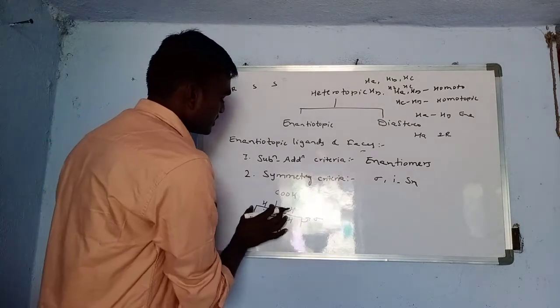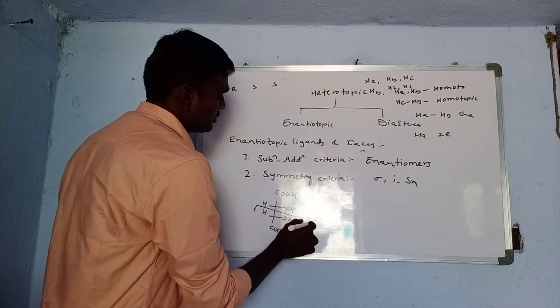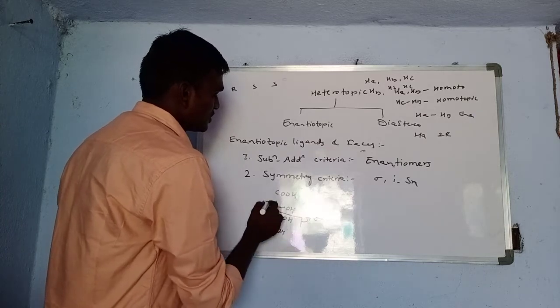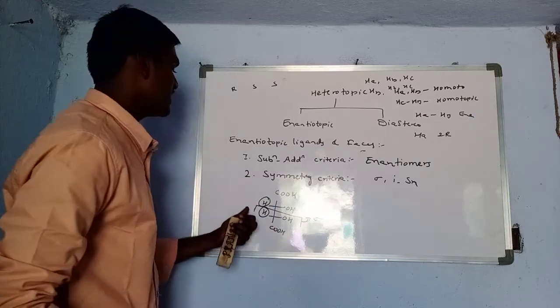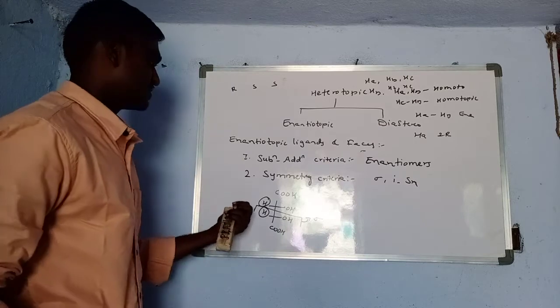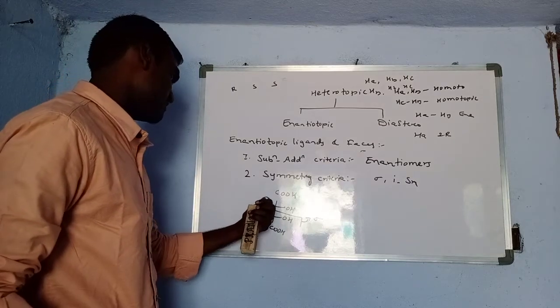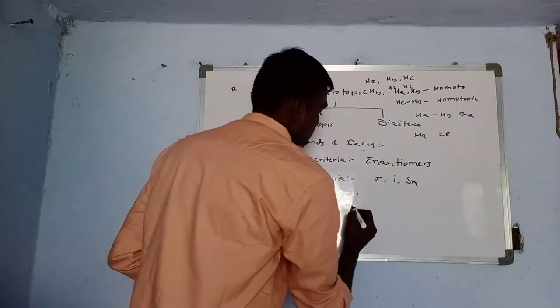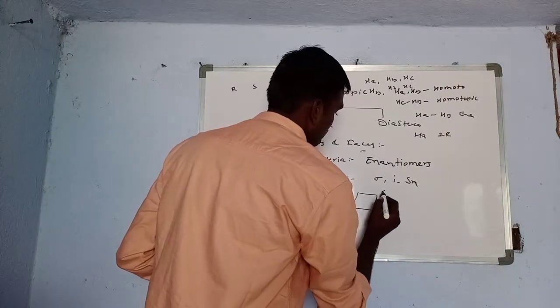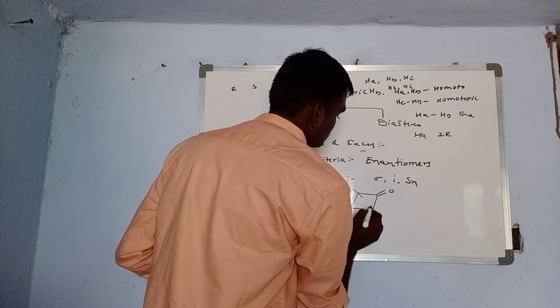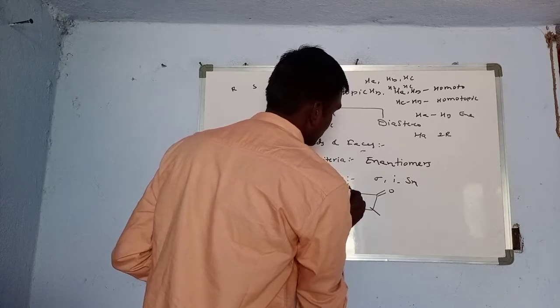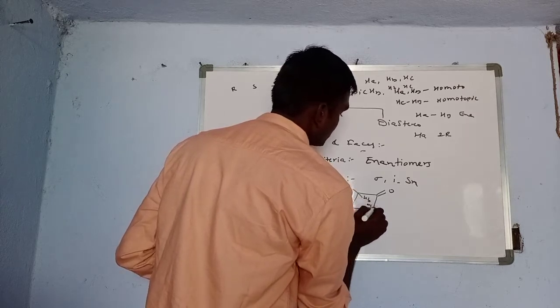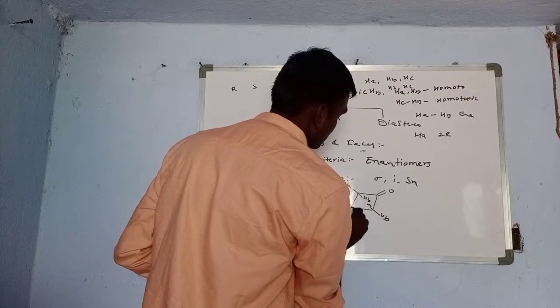In meso-tartaric acid there is a plane of symmetry present, so the HA and HB are said to be enantiotopic in nature. These two hydrogens are enantiotopic. Now take another molecule with hydrogens HA, HB, HC, HD.